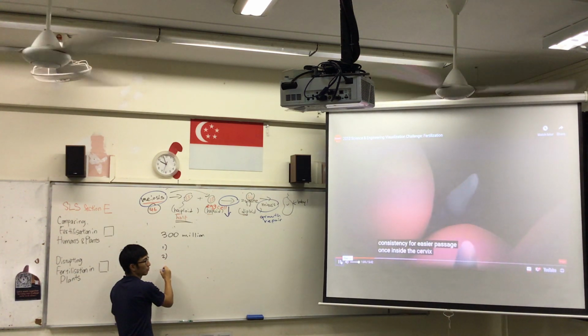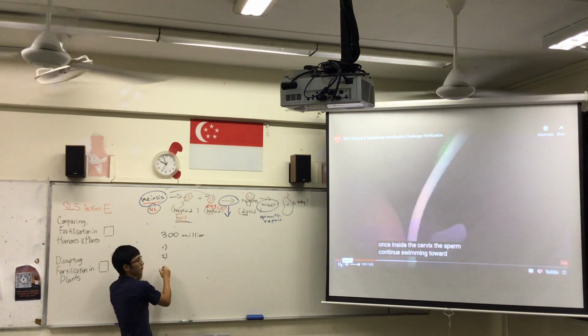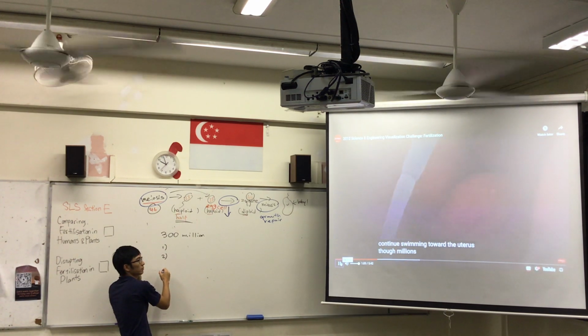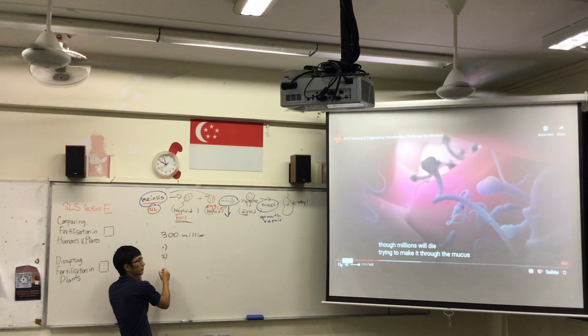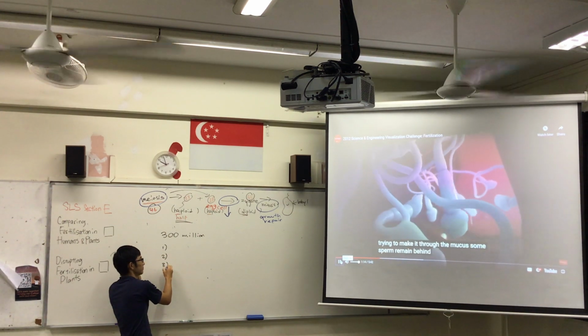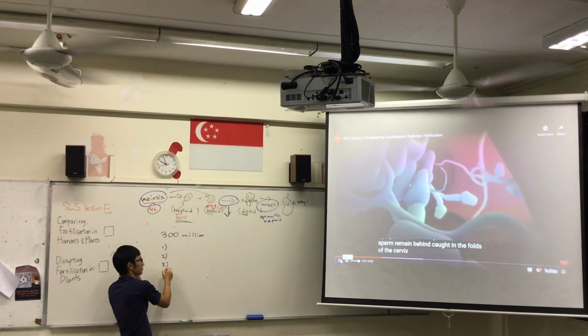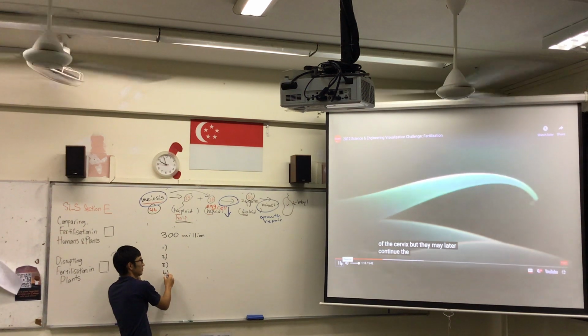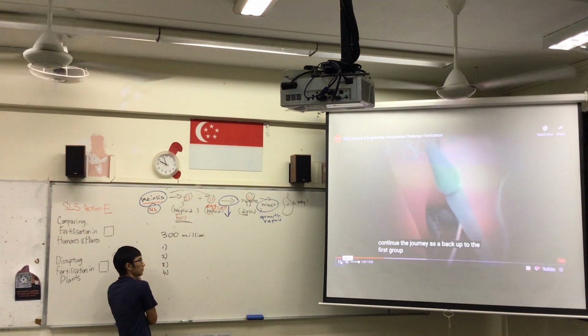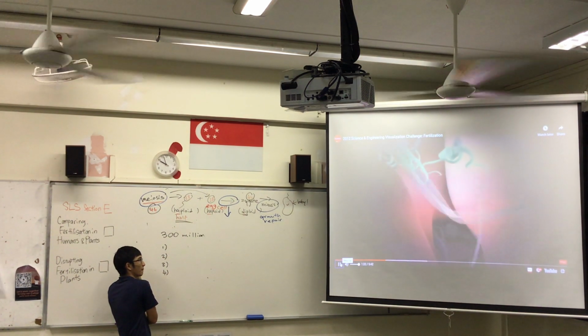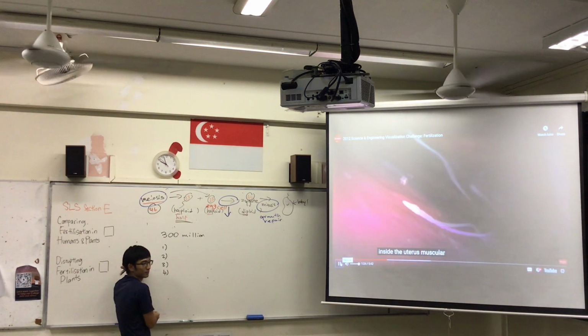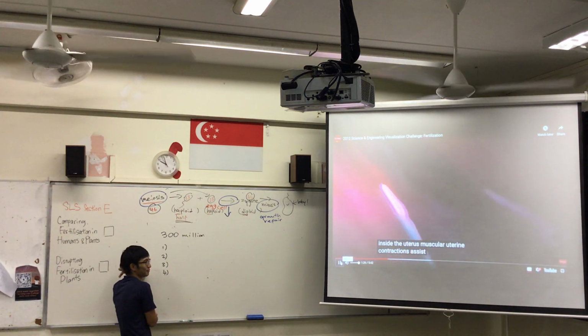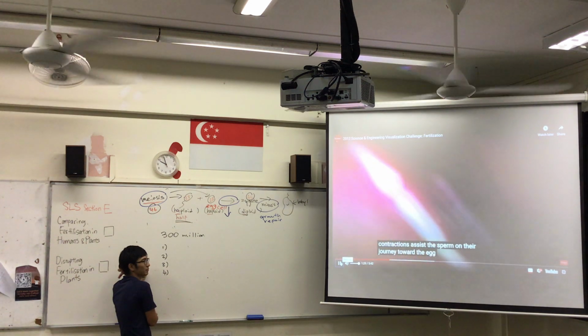Once inside the cervix, the sperm continues swimming toward the uterus, though millions will die trying to make it through the mucus. Some sperm remain behind, caught in the folds of the cervix, but they may later continue the journeys back up to the first group. Inside the uterus, muscular uterine contractions assist the sperm on their journey toward the egg.